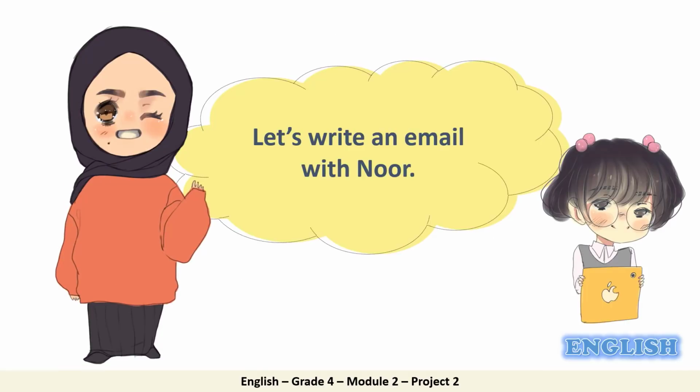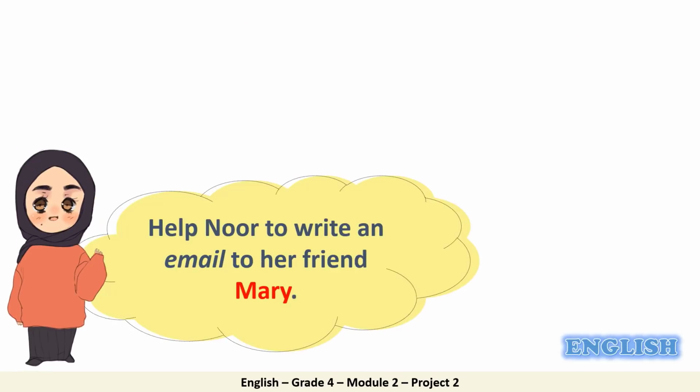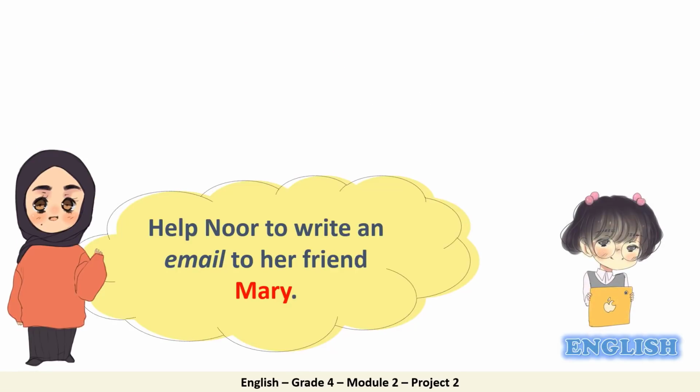Now let's write an email with Noor. Refer to workbook page 23, activity 2. Make sure you don't write in your workbook. Let's start. Help Noor to write an email to her friend Mary.